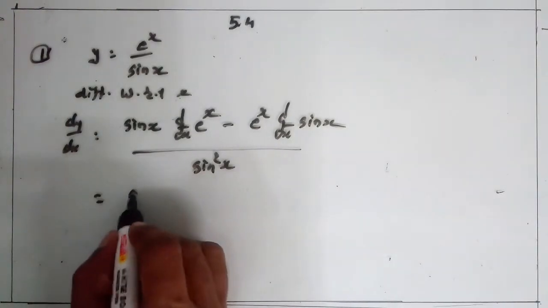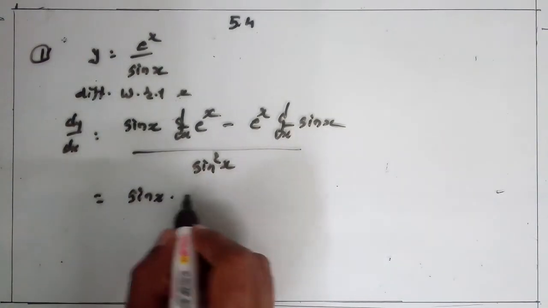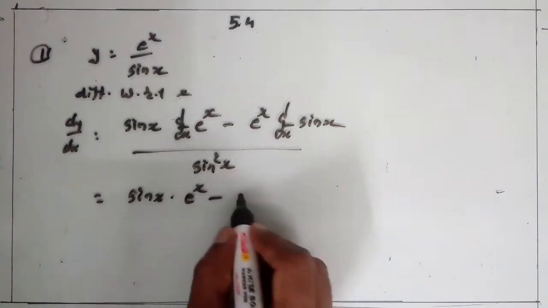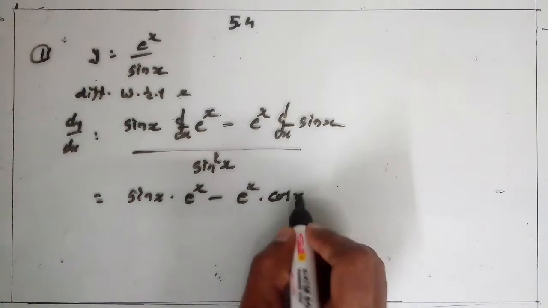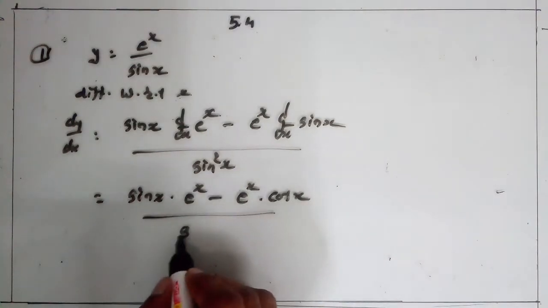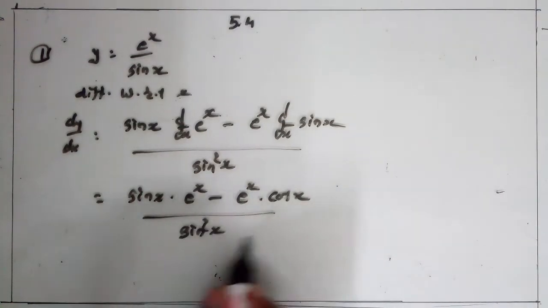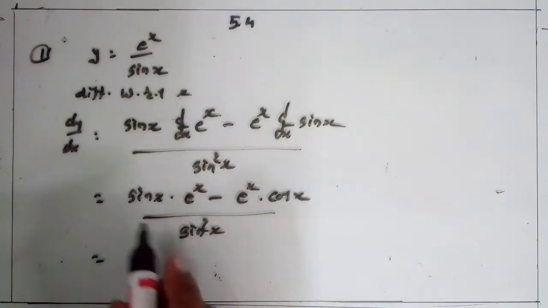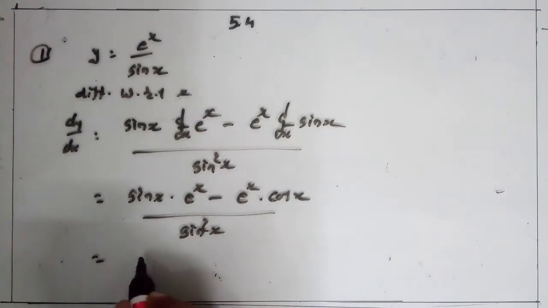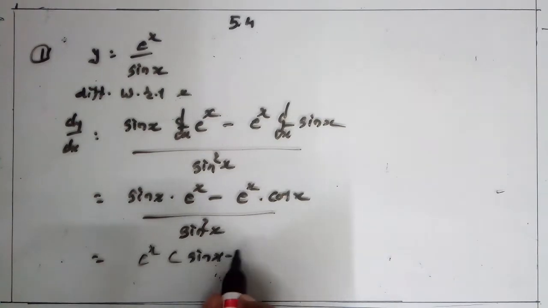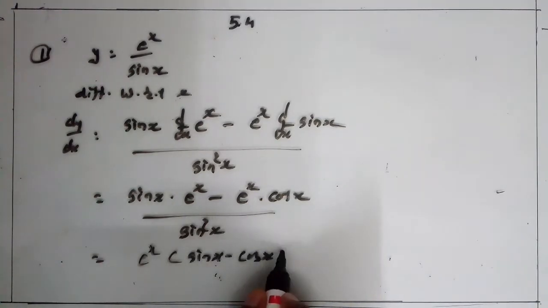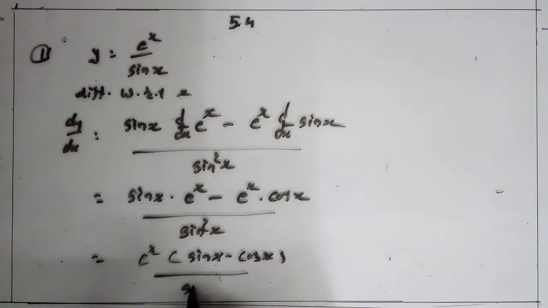So it is equal to sin x into e raised to x minus e raised to x into the derivative of sin x, which is cos x. Clear this? Upon sin square x. So it is equal to e raised to x taken common: e raised to x into bracket sin x minus cos x upon sin square x.